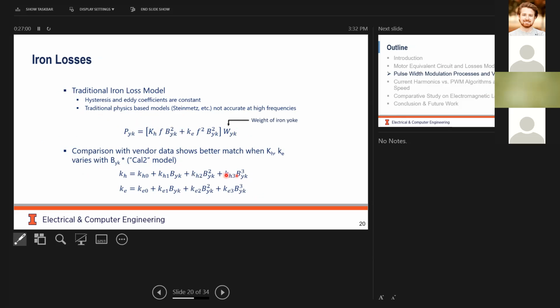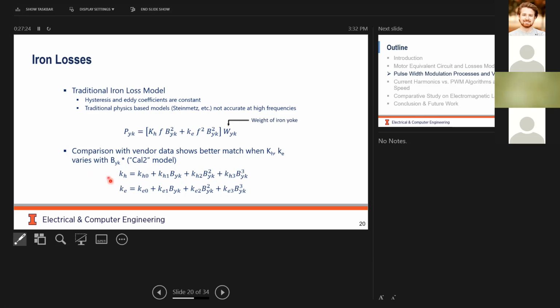But at high frequency, the iron core material behavior is quite different from that at low frequencies, and experimental results have shown that these factors depend on the flux density, so they are not constants.